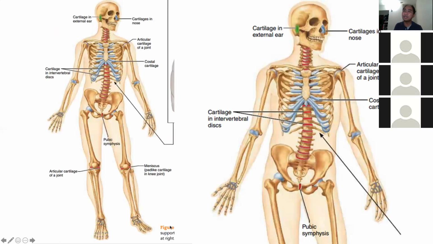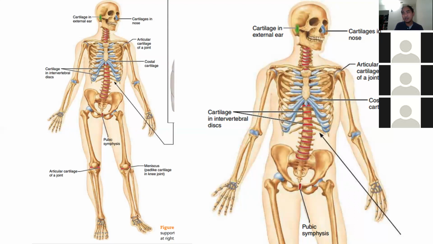So now we are seeing different forms of cartilages here, like hyaline cartilage. Hyaline cartilage is the articular cartilage, which covers the bone inside the joint here. Lots of hyaline cartilage. They are so nice, so pristine.